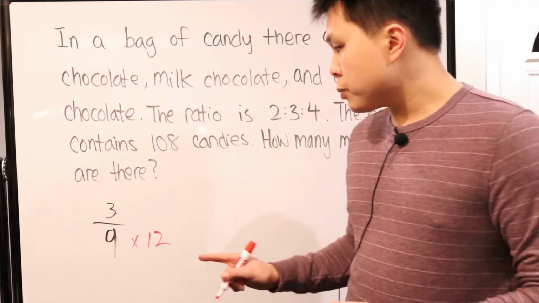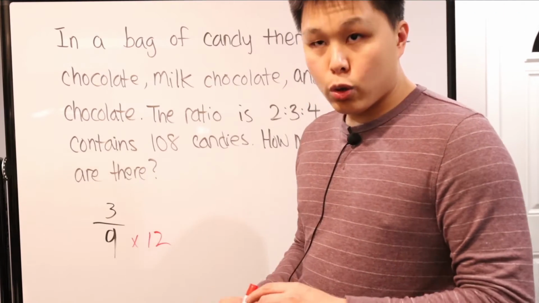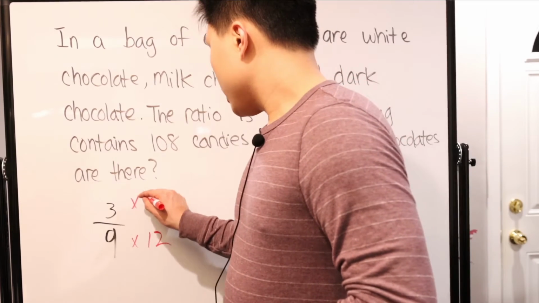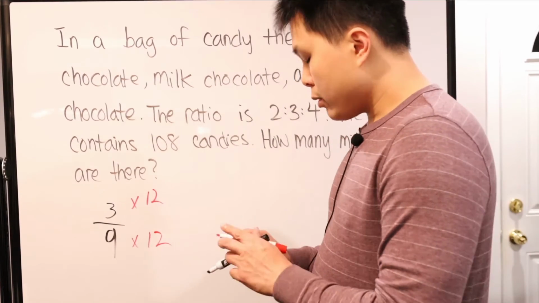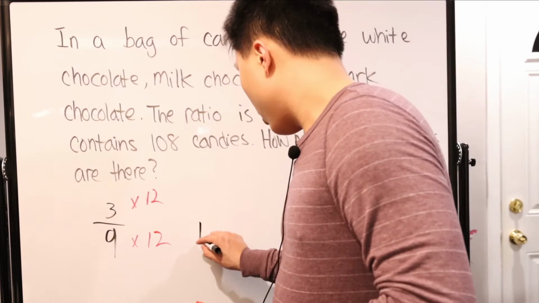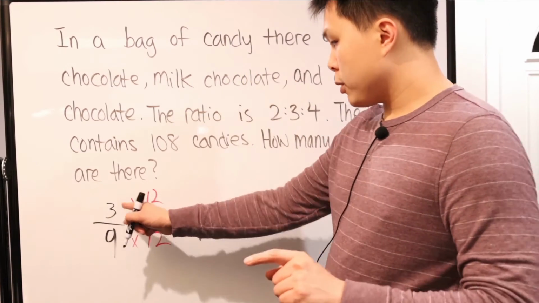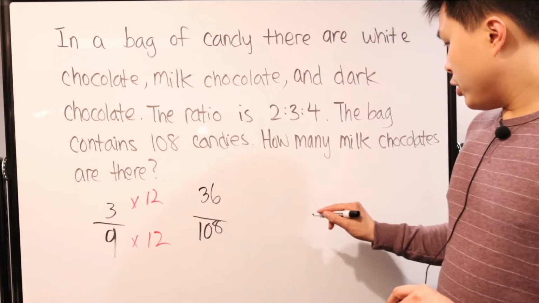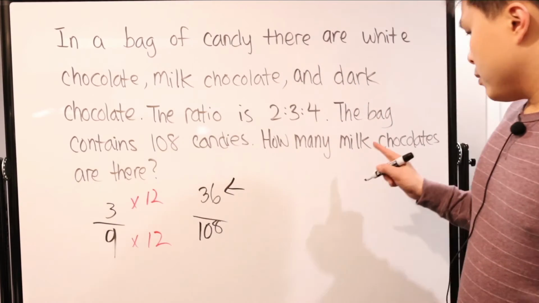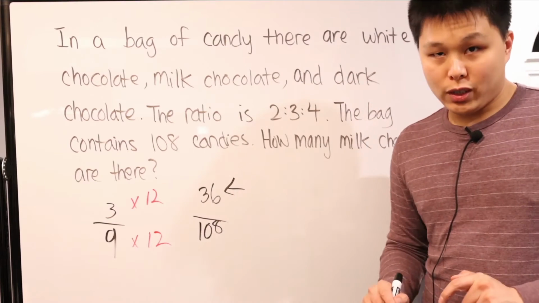If there's 12 groups of 9, that means there should be in each of those 12 groups 3 milk chocolate. So we're going to multiply this one by 12 as well. In that case, the bottom is going to be a group of 108 candy, which is what we want. At the top, it's going to be 3 times 12, which is 36. So from here, we know immediately that the number of milk chocolate in that bag of candy is 36.